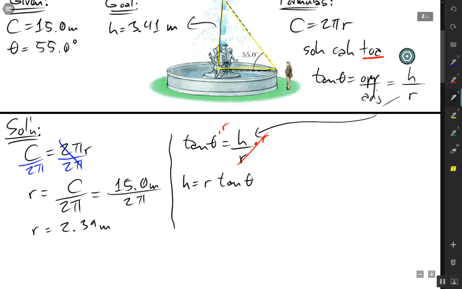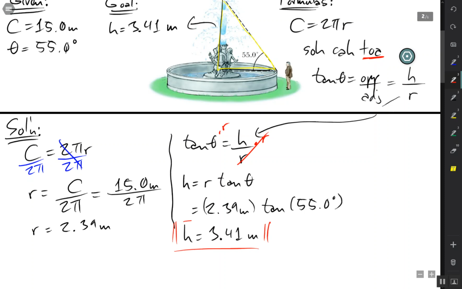So when you plug in the numbers, it should look like this. The 2.39, which we solved earlier, and the tangent of 55. Now I'll give you one guess what the answer is, and sure enough, if you apply that in a calculator, you'll get approximately 3.41 meters. So when you're done, box your answer.